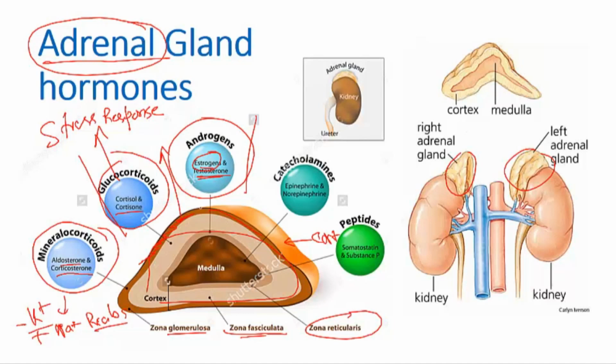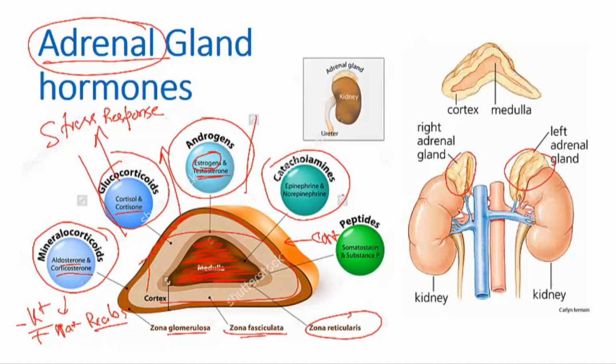Now, that is all about the cortex. If we go to the medulla, which is the center area, there are hormones secreted from the medulla too. It secretes catecholamines and different sorts of peptide hormones.